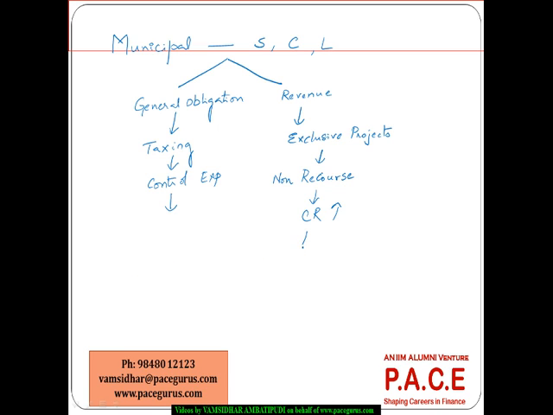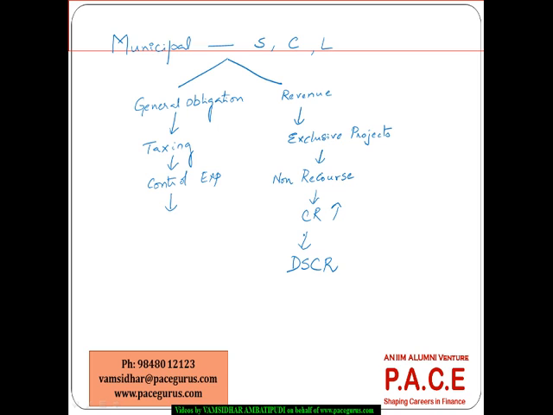And typically in the case of the revenue based bonds, it is just like a commercial project evaluation. We will look at the debt service coverage ratio, and the higher the ratio, obviously the lower is the default risk associated with them.